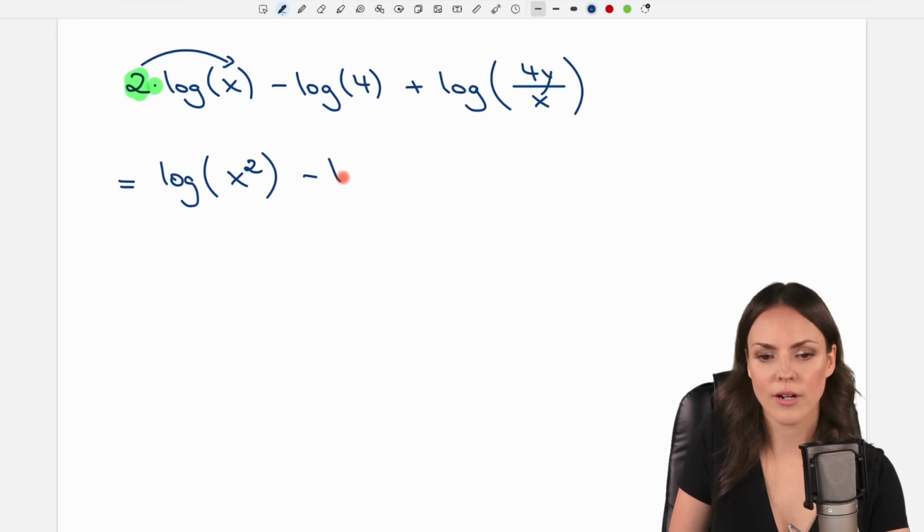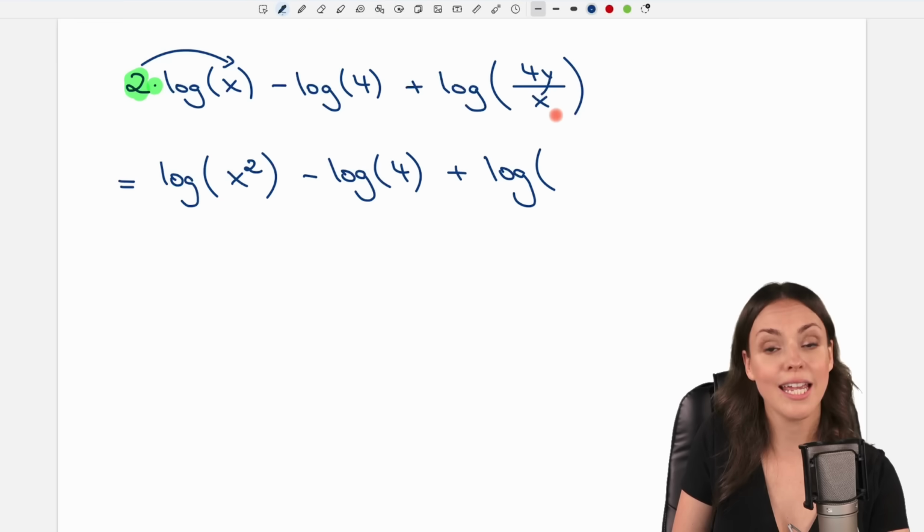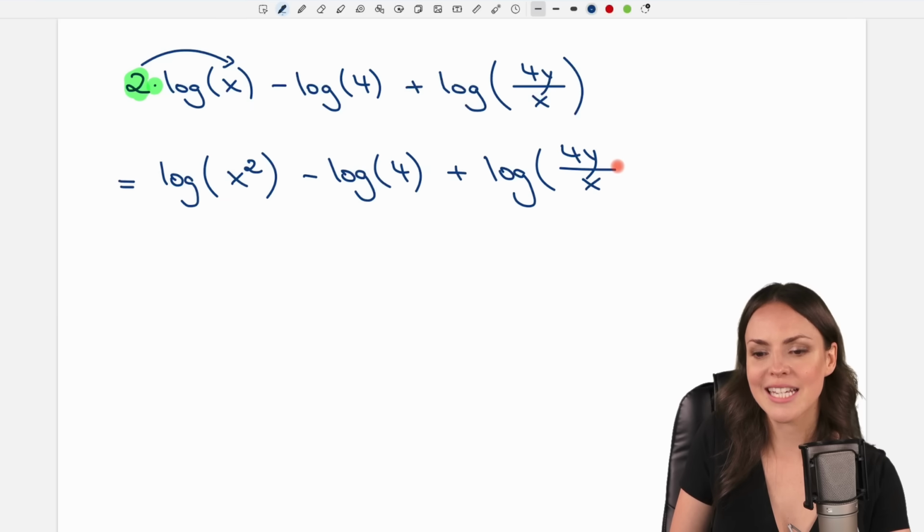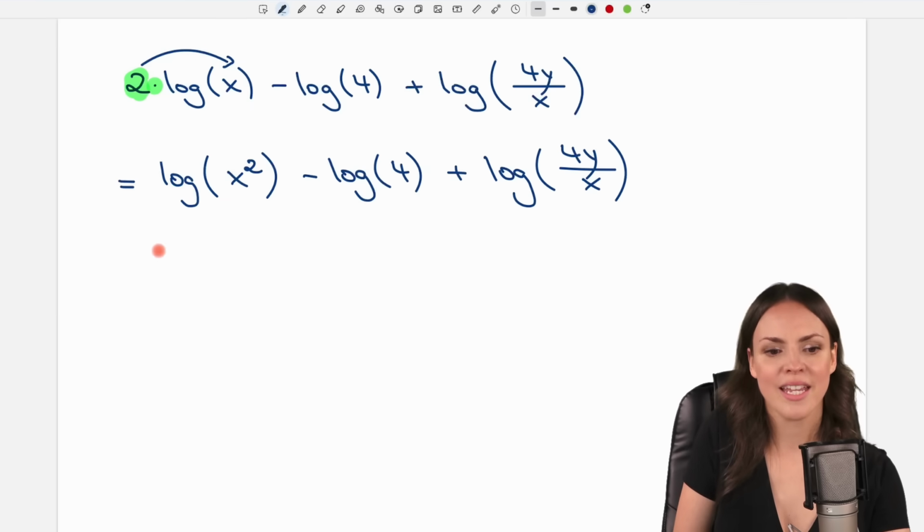Everything else, I write down how it is right now. We have a minus log, a plus log. We have a fraction in a log. Okay, we know that there are rules to change this, but I don't want to touch it right now.